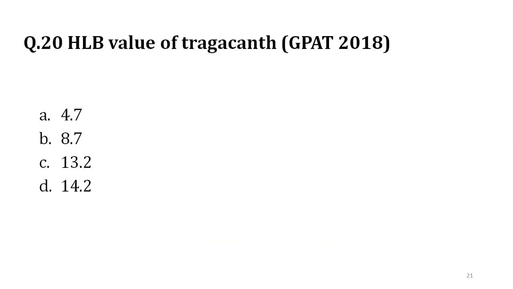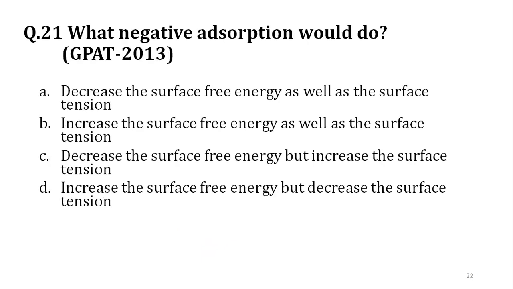So try to remember the values of the most commonly used surfactants, like tragacanth, acacia, Tween, Span, Brij, polyethylene glycol, and Myrj. These are the surfactants which are most commonly used; their chemical names and HLB values you have to remember. So here option C, 13.2, is correct. Again, it is given in the book Martin.